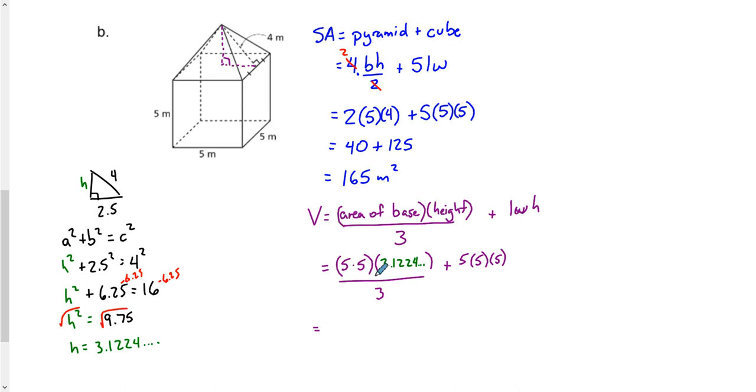So if I take my 3.1224, which is still in my calculator, I multiply it by the 5 times 5, and I divide it by the 3, I get 26.0208. 5 times 5 times 5 is 125. So our final answer would be 151.02 meters cubed.